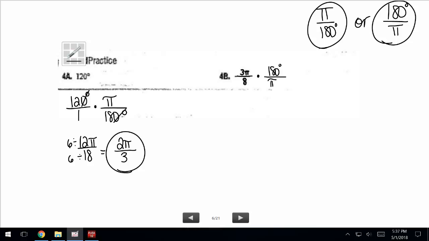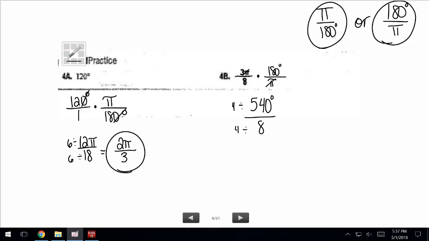Then the pi's cancel. Sorry about that. 3 times 180 is 540 degrees divided by 8. Let's see if that divides evenly. It does not. So we need to figure out what number goes into both of them, and it is 4. We're going to divide these by 4.